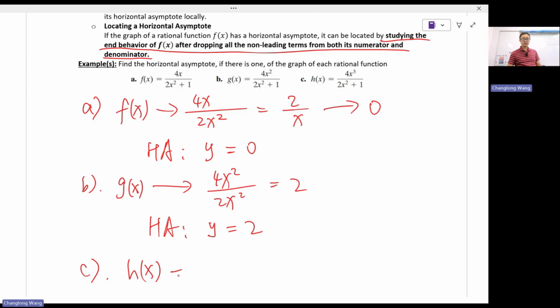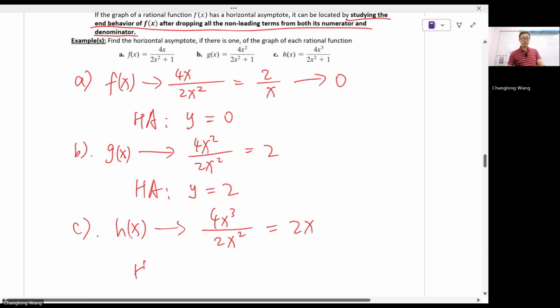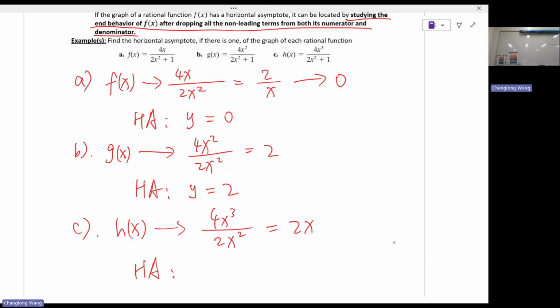H of x, you drop the non-leading terms, right? So you keep the 4x cubed, and 2x squared becomes 2x. So now my question for you guys is, should there be a horizontal asymptote given the simplified form of h of x?